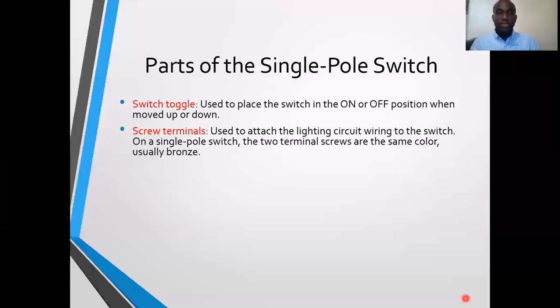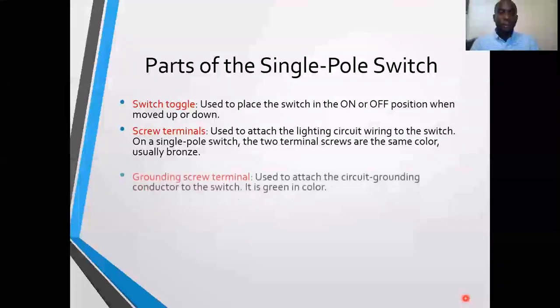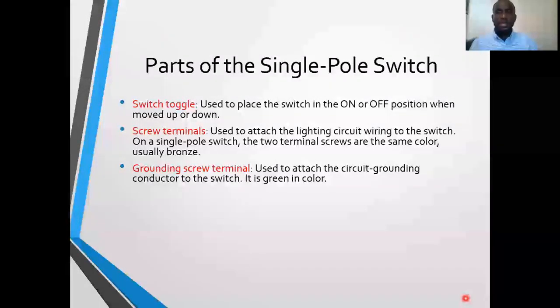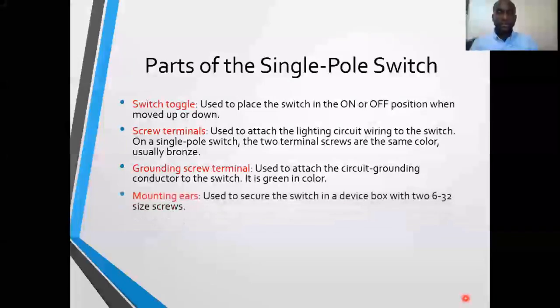On a single pole switch, the two terminal screws are the same color, usually bronze or in popular cases, brass. Grounding screw terminal. The grounding screw terminal is used to attach the circuit grounding conductor to the switch. It is green in color.